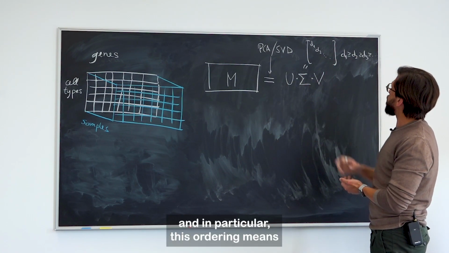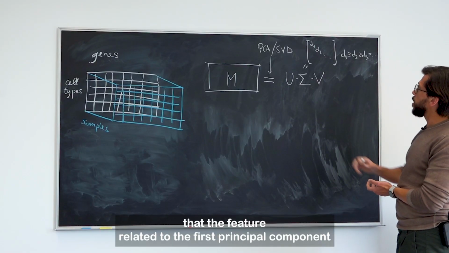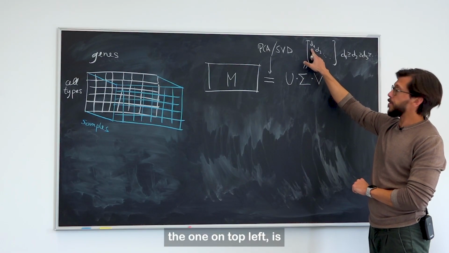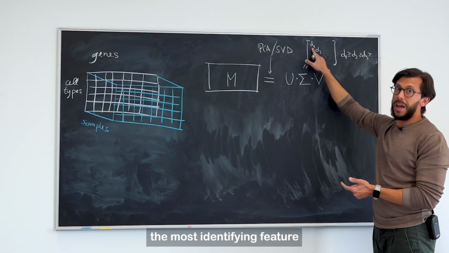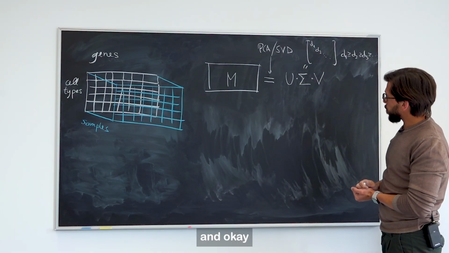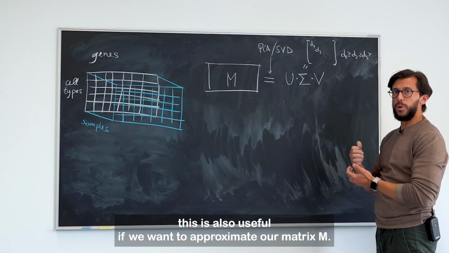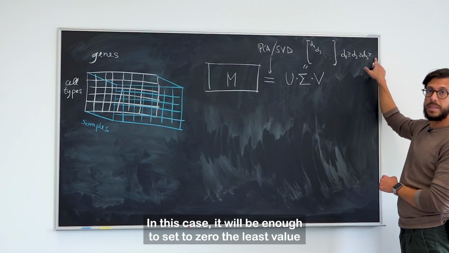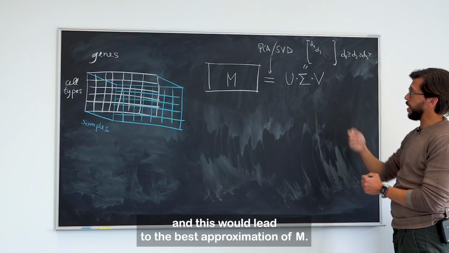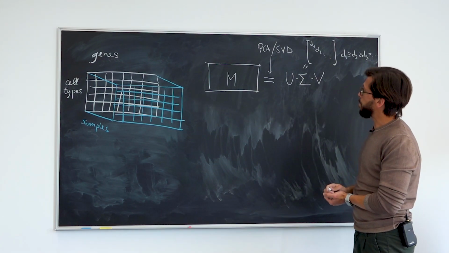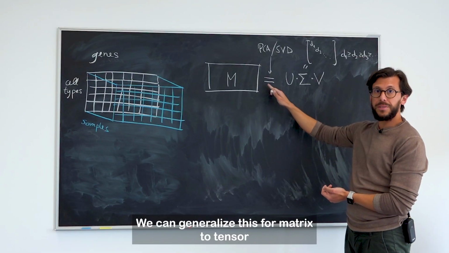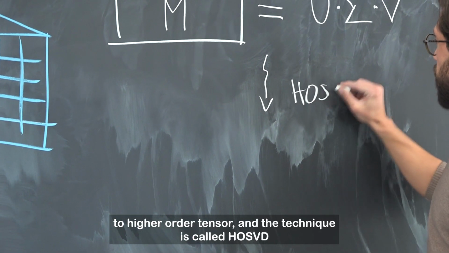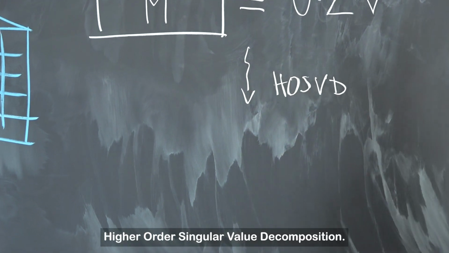In particular, this ordering means that the feature related to the first principal component, the one on top left, is the most identifying feature. This is also useful if we want to approximate our matrix M. In this case, it will be enough to set to 0 the least value, and this would lead to the best approximation of M. We can generalize this from matrix to tensor, to higher order tensor, and the technique is called HOSVD, higher order singular value decomposition.